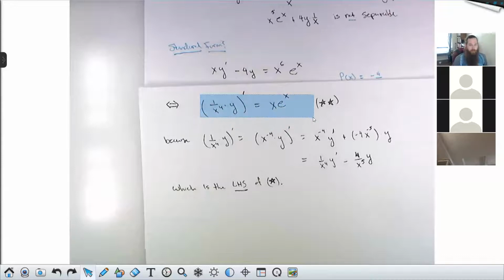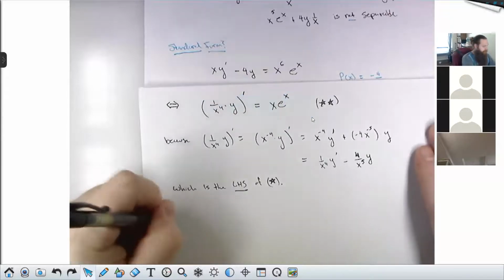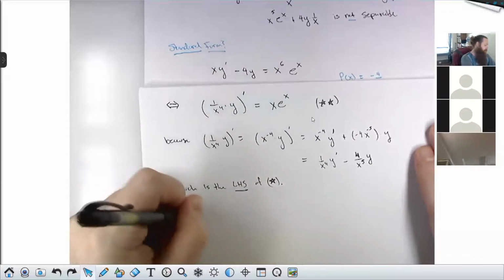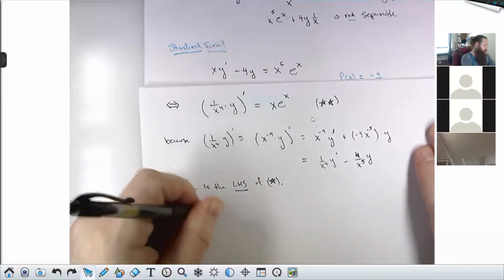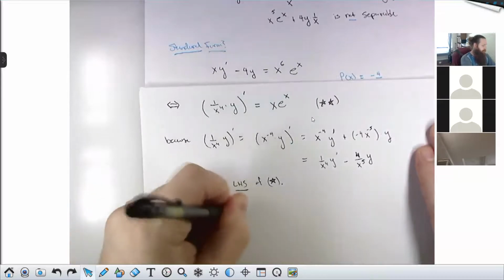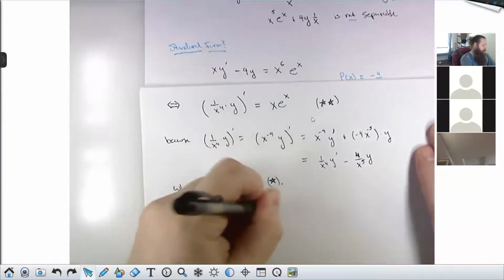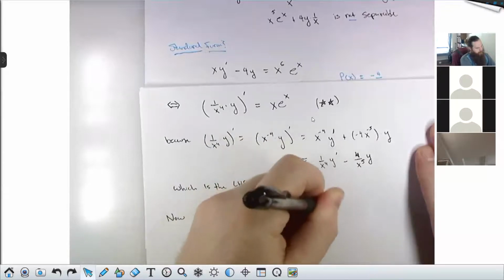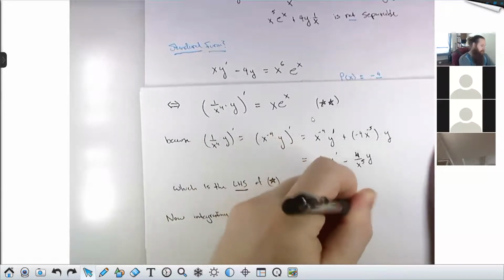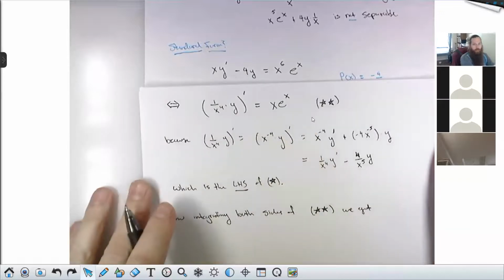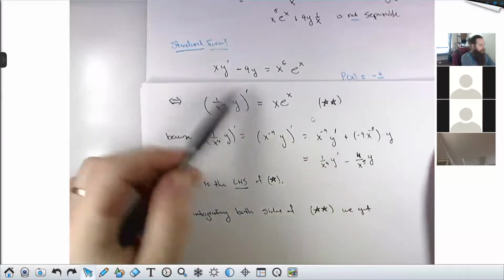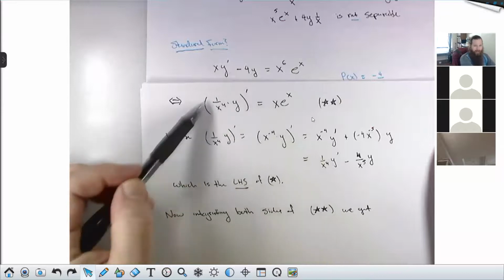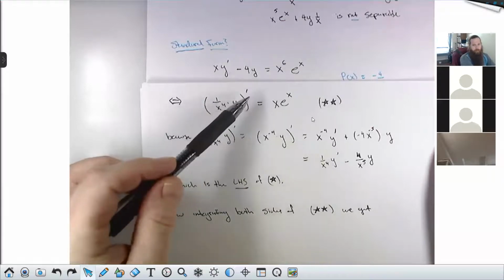And now if you integrate on both sides, on the left-hand side, when you integrate this apparatus, the prime goes away, right?